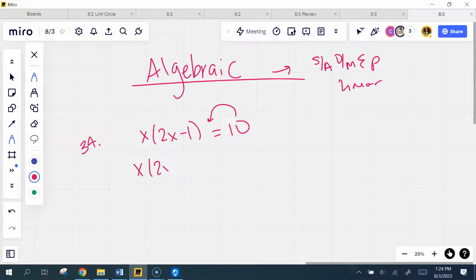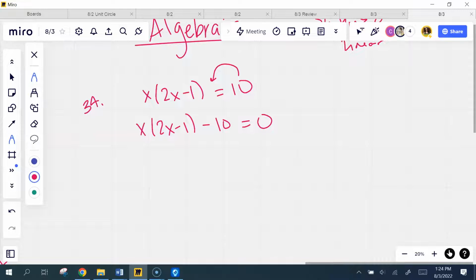I got x(2x minus 1) minus 10 equals 0. What now? Okay, so I need to clean it up a bit, right? I need to expand what I can and then condense it down some. So if I distribute that x, I get 2x squared minus x minus 10 equals 0.